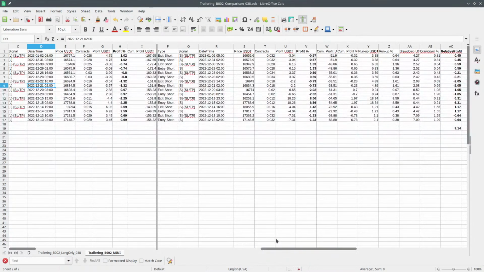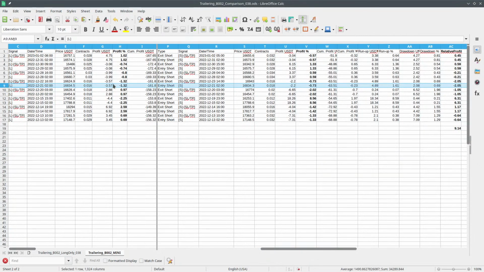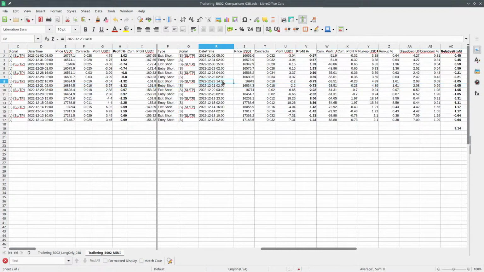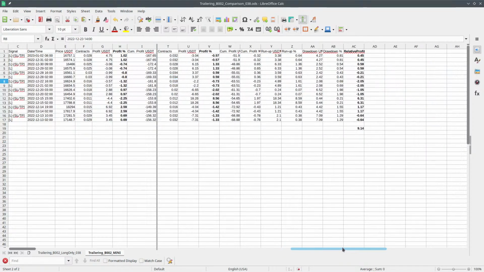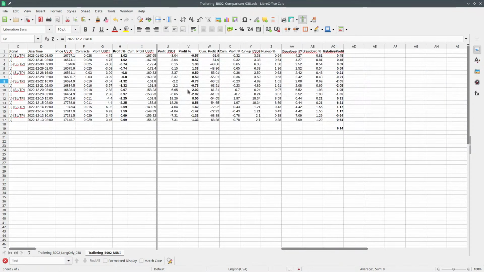And this takes more time, but at the end the short entry ends losing, even if it was not about to lose. Yeah, this is 21 of December.